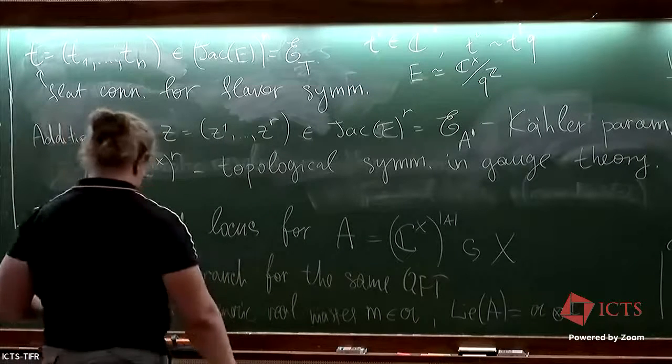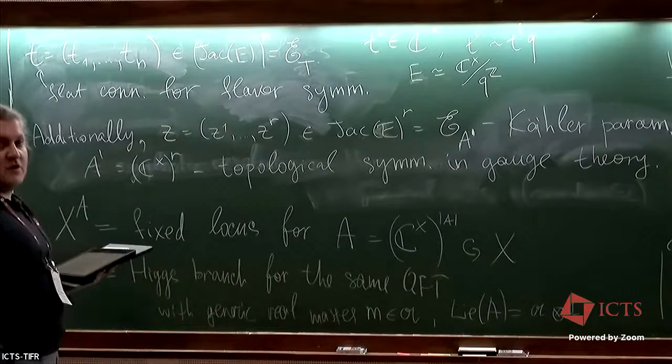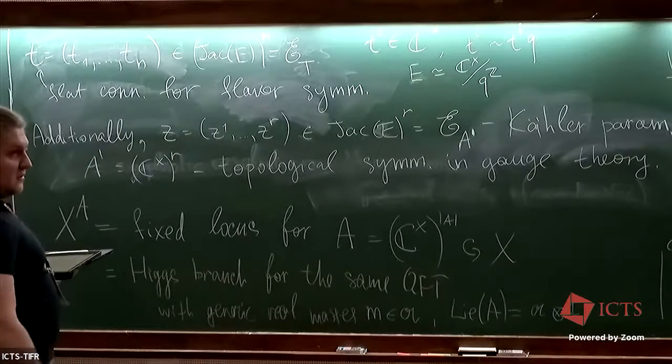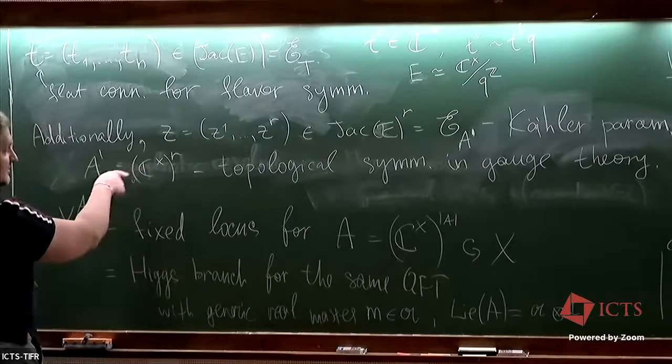Roughly, for each abelian factor in your gauge group, you get one factor of C star here.